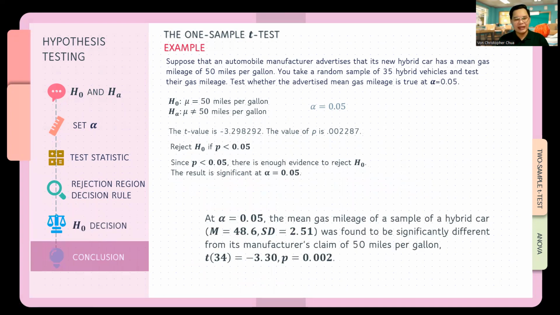Finally, the last step in the hypothesis testing process is to write the conclusion. And we're going to do that by following the APA 7th edition format, where we disclose the alpha value, the mean and the standard deviation of the sample data, as well as these other values.